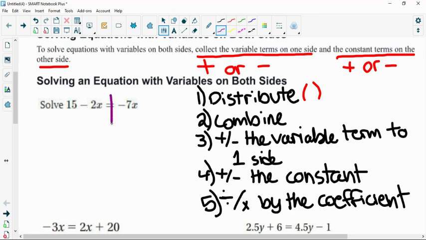If I look at my equation as being a left side and a right side, over on the left, the 15 and the negative 2x, there's nothing for me to combine there. And on the right side, there's a negative 7x, but nothing else. So we don't have combining like terms here.